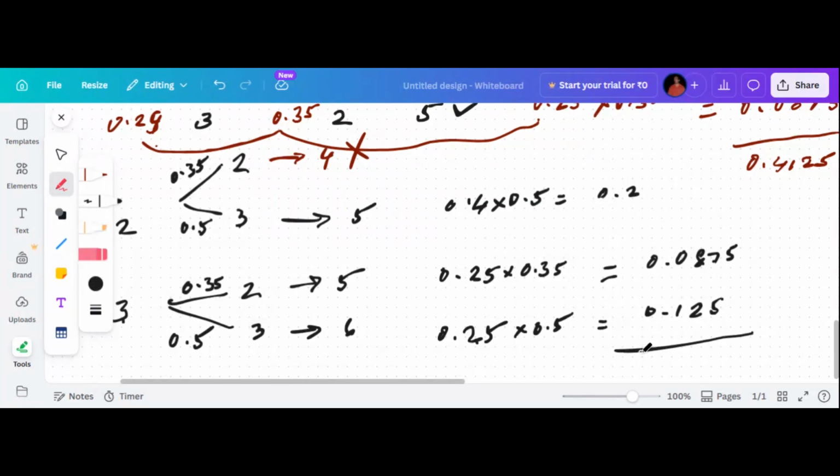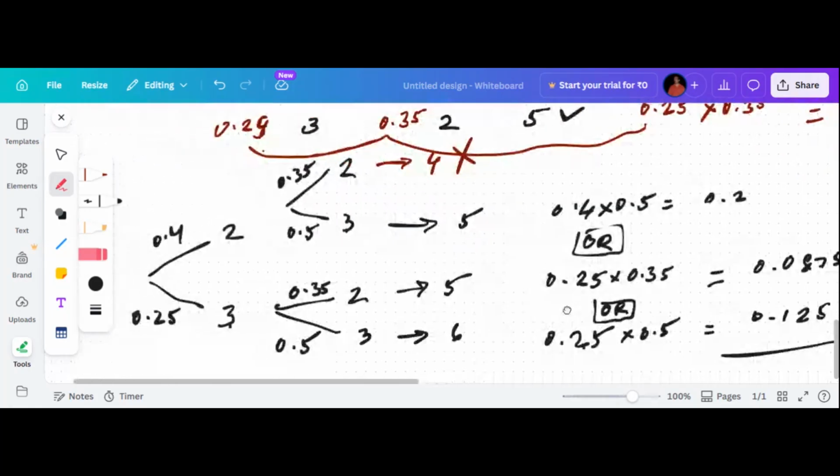Now, how can we get more than 4? We can get more than 4 if we take this route, or this route, or this route.